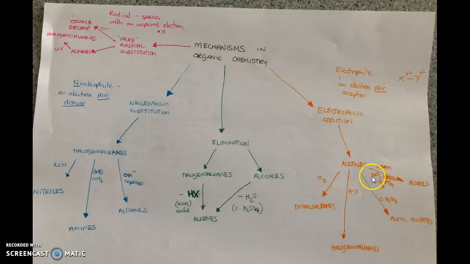So we use steam, a temperature of 300 degrees Celsius, 60 atmospheres of pressure, and a catalyst of concentrated phosphoric acid. Okay, what I'll do now is we'll go on to a new video which looks at each type of mechanism in turn. Okay, thank you for watching.